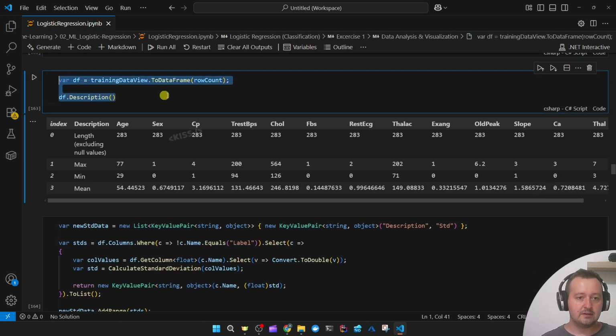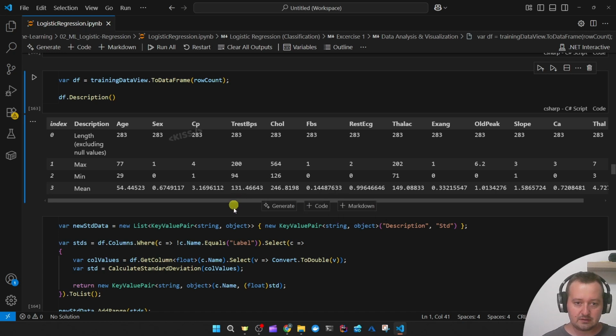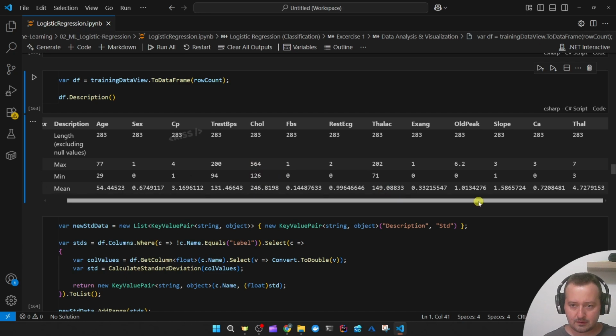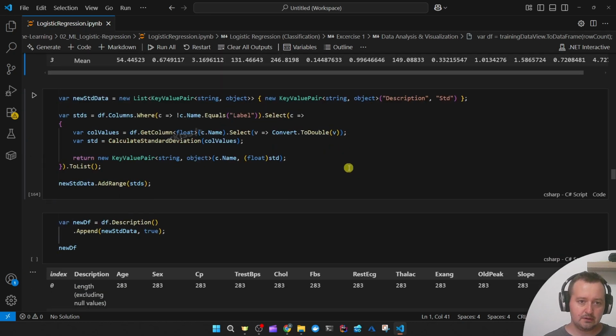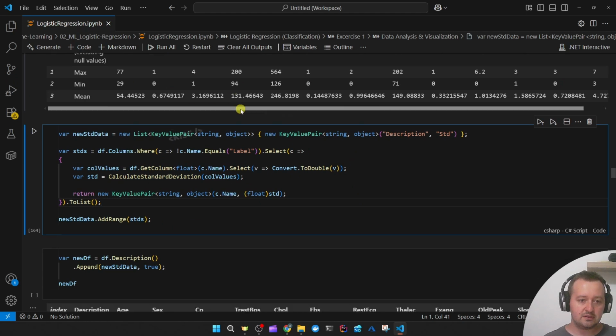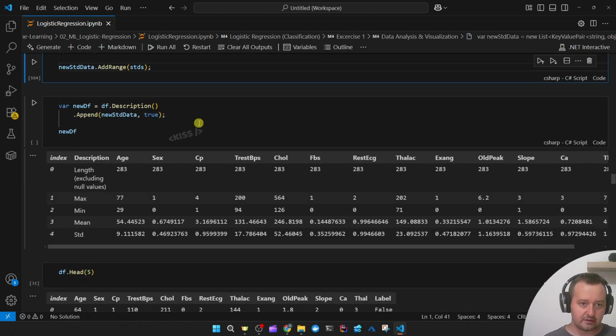Let's see, we're looking at the training data view to spot if there are missing values, nulls, invalid values, or extreme outliers. Let's say there's no person older than 130 or something, for example. This CHOL is quite high, the maximum. Well, there's a wider range. Okay, then with that standard deviation, I tried to add that as a row to this table, just to see if it was possible.